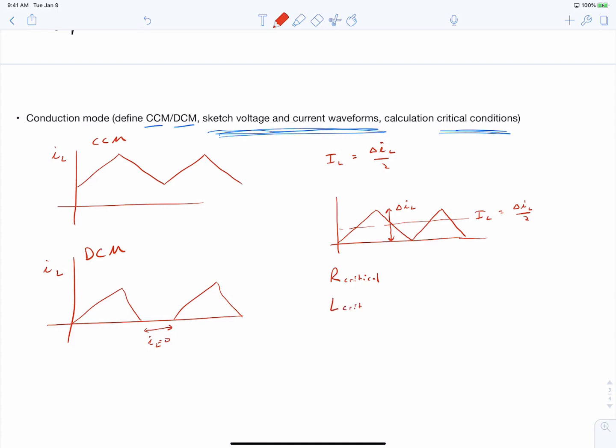L critical is the critical inductance, at which if we were to decrease that critical inductance any further, our ripple current would increase so much as to put us in discontinuous conduction mode. And I out critical is our critical load current, that if it were to decrease any further, we would be in discontinuous conduction mode. Or in other words, our average inductor current would decrease too much so as to put us in discontinuous conduction mode.